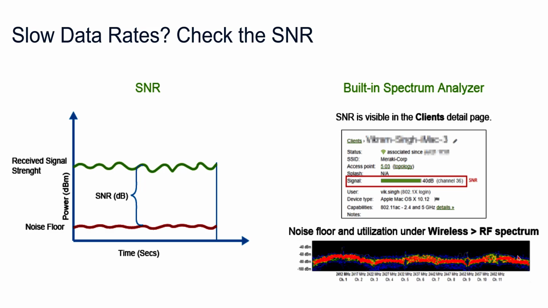SNR actually determines what modulation the client can use. If we have a higher SNR, that means we have a high MCS index, which means we can operate at faster data rates. Lower SNR means lower modulation, which means slower speeds.